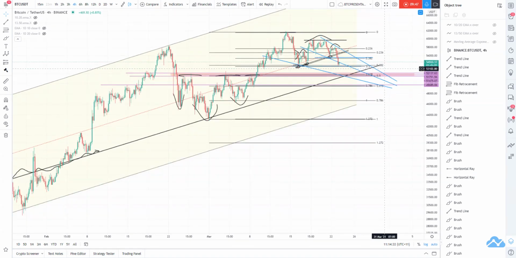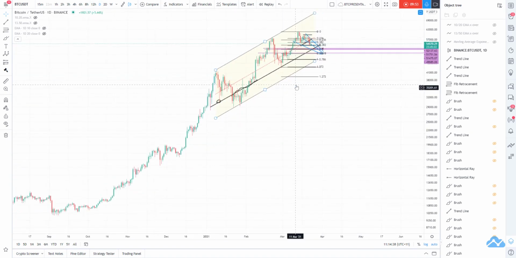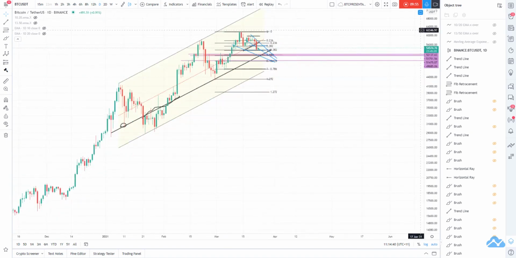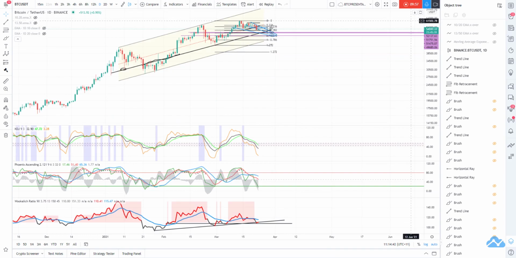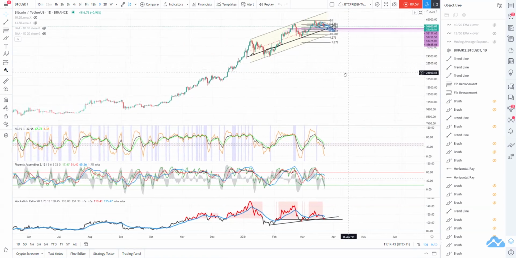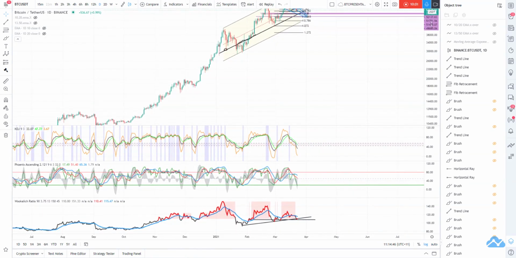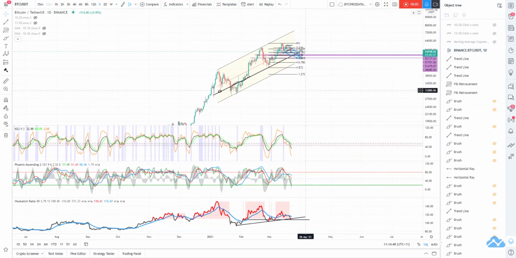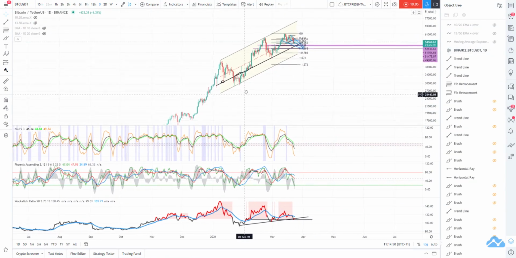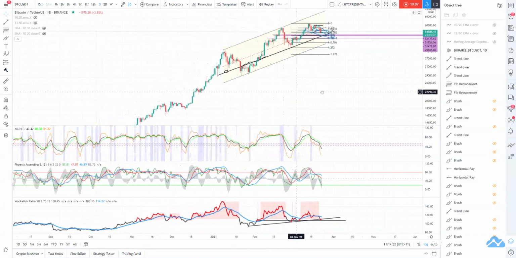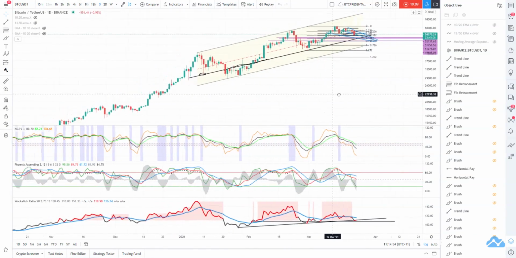What do the indicators tell us on this? So we'll quickly cover that. Let's go to the daily. I'll bring out a template and use previous price action to explain what we're seeing.